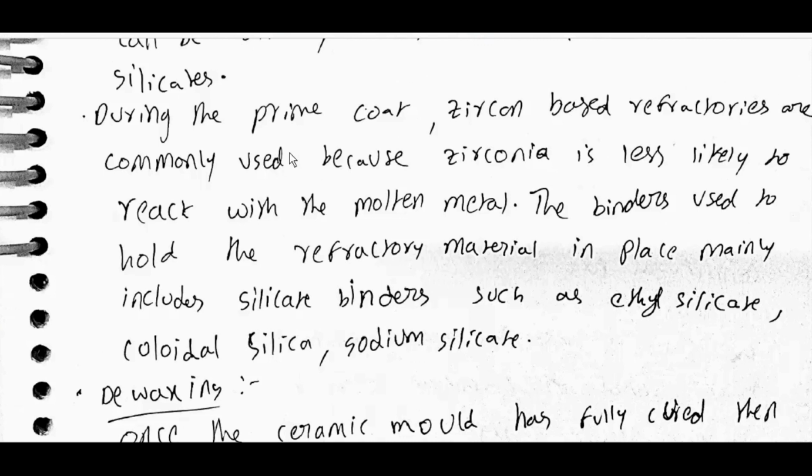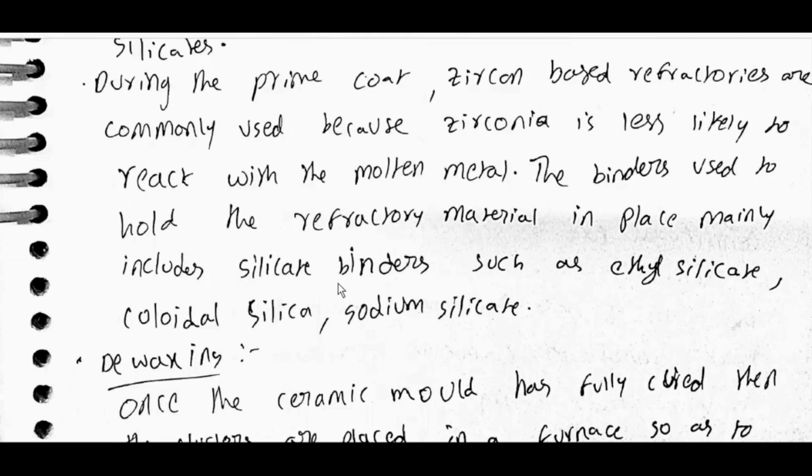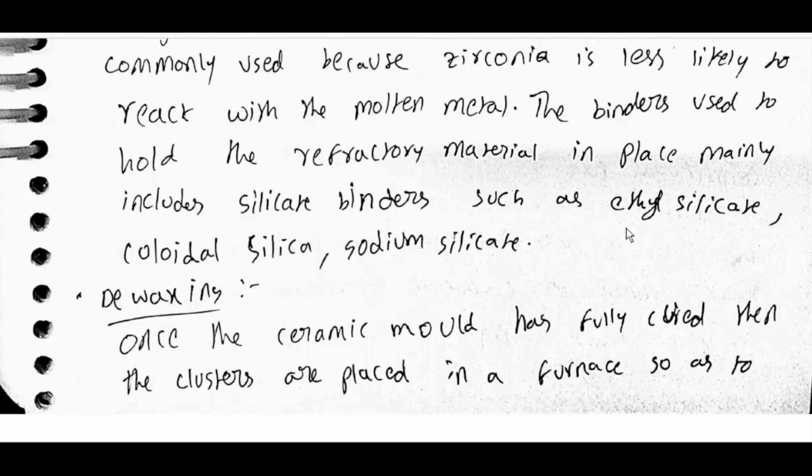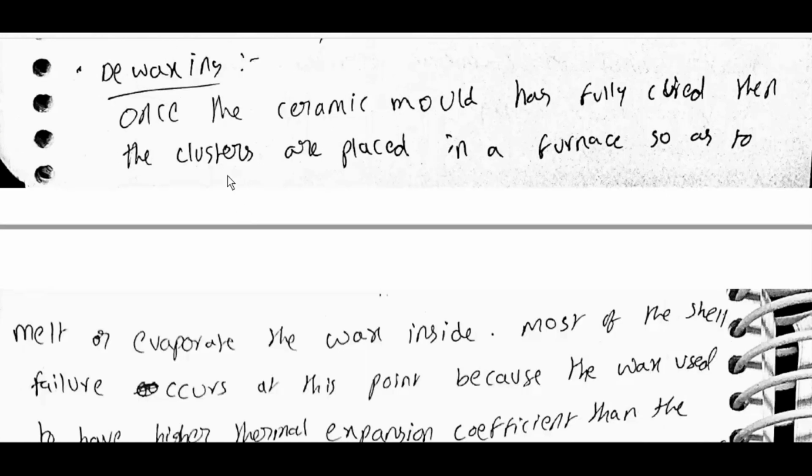During the prime coat, zircon-based refractories are commonly used because zirconia is less likely to react with molten metal. The binders used to hold refractory material in place mainly include silicate binders such as ethyl silicate, colloidal silica, and sodium silicate.